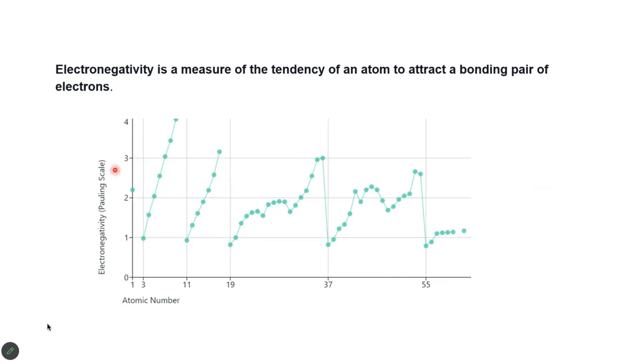So here we can see that electronegativity, according to the Pauling scale, increases along a period and decreases along a group. So I talked about what electronegativity is and how it varies in the periodic table. That's what we also mentioned in these slides.